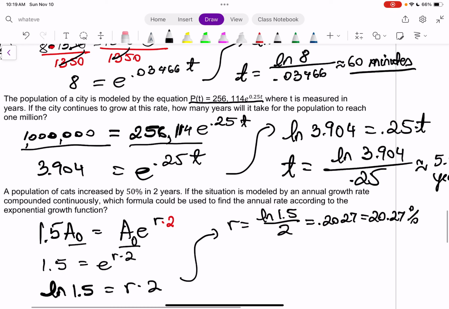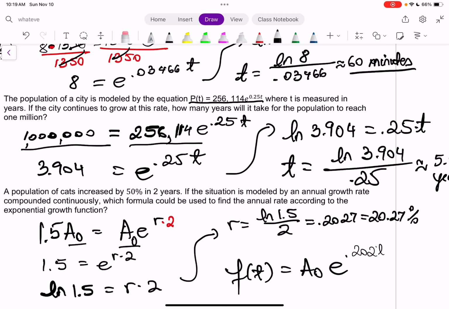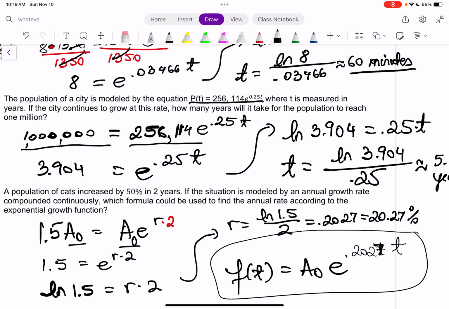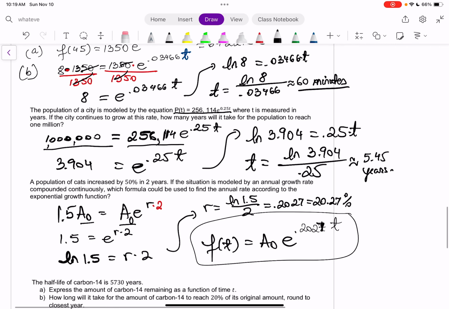But again, to write the function that describes the situation, whatever amount you're starting with, we don't know, but we know the growth rate is about 0.2027, and then t. There it is. This is the formula that could be used.